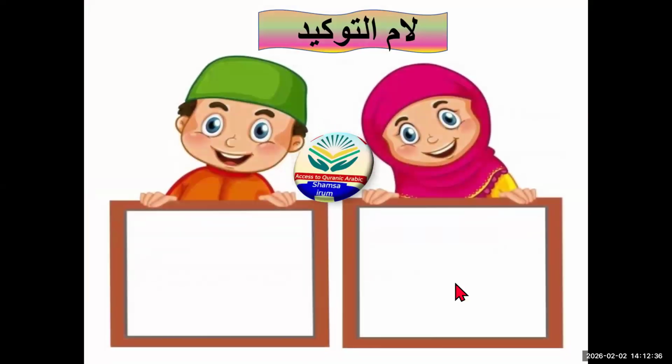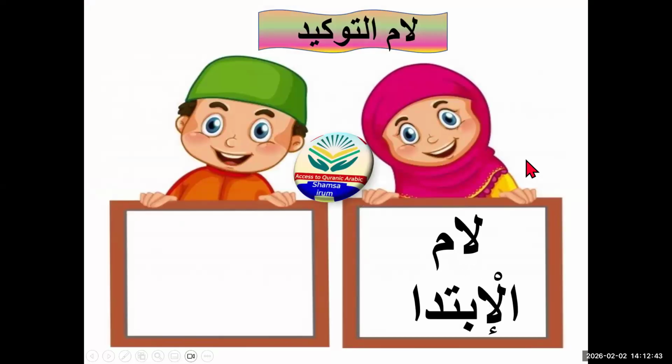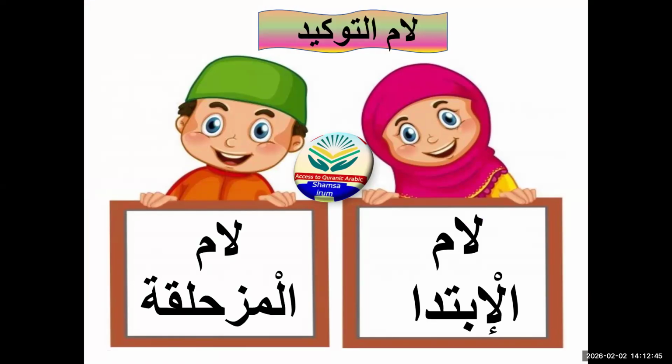As you can see, there are two beautiful kids here. The girl has a whiteboard which shows Laamul Ibtida, and the boy shows Laamul Muzahlaqa. They both perform the Laamul tauqeed.